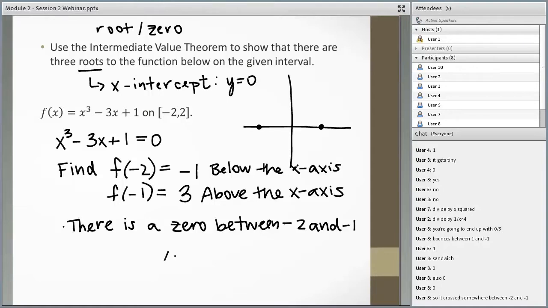So we can do the same thing with the other values. I'm just going to keep going along the interval, f of 0. When I plug 0 in for x, I get 1.